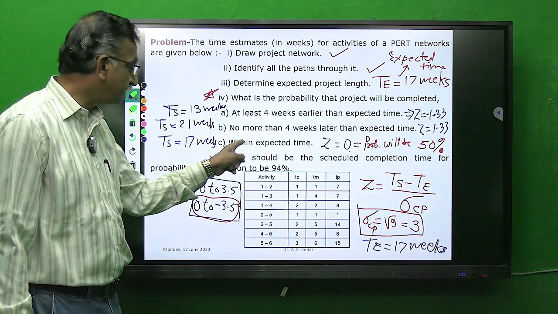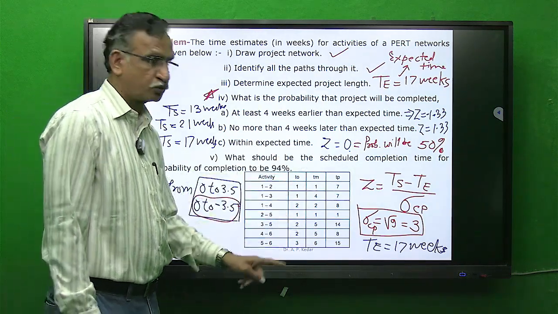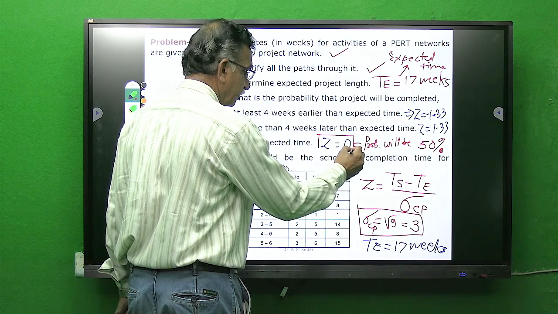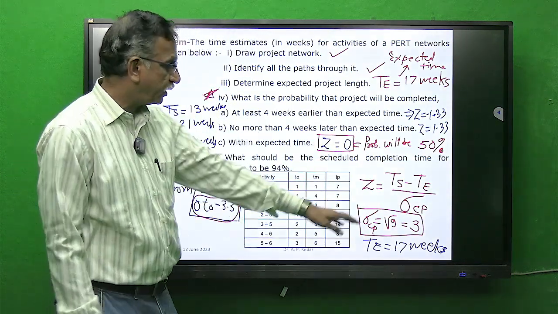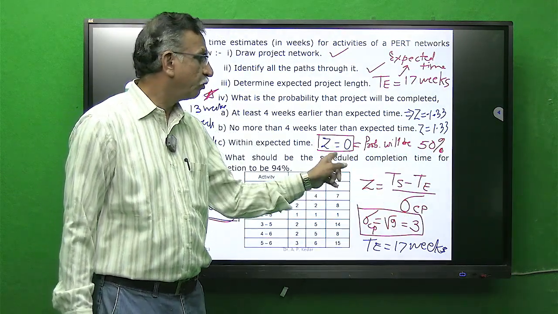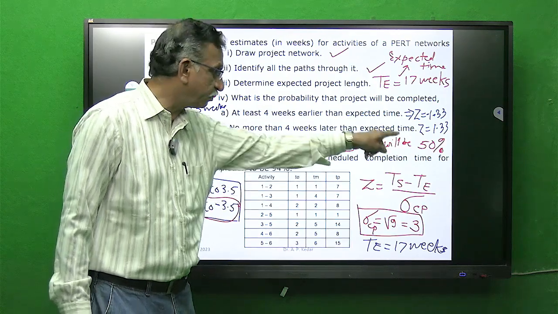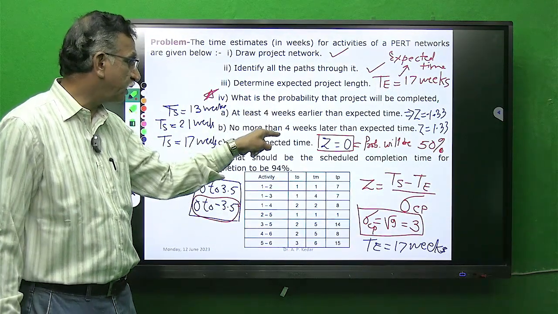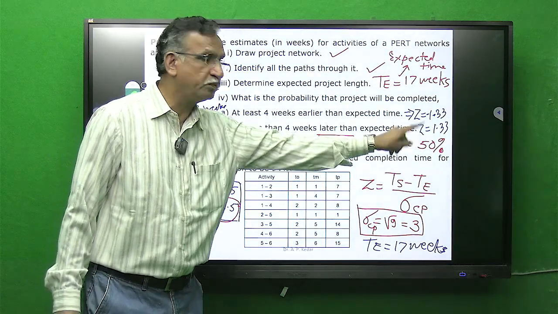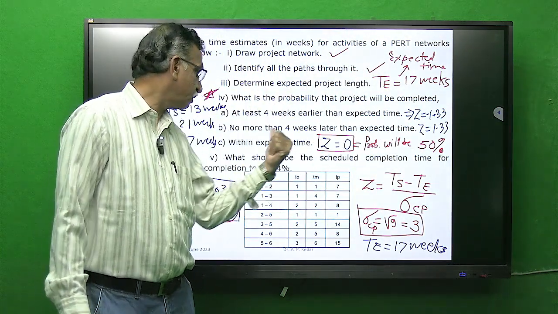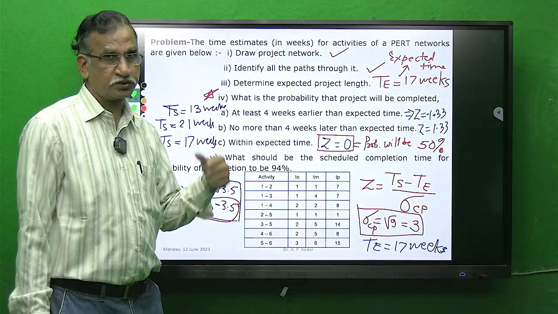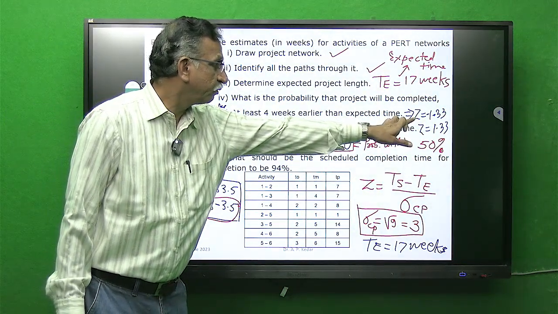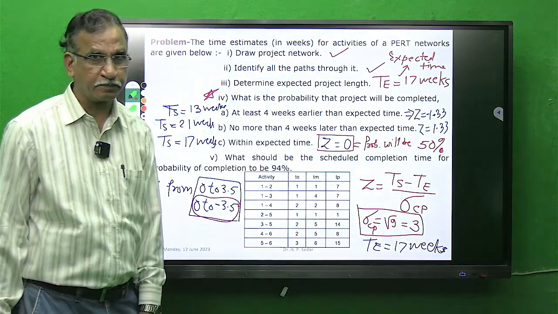When it is within expected time, students, this numerator will be 0. When numerator is 0, 0 divided by any value is 0. For z equal to 0, from table also you will get probability 50%. So out of these three answers, we have estimated value of bit number C. Now we will see what is the answer for probability for A and B case.